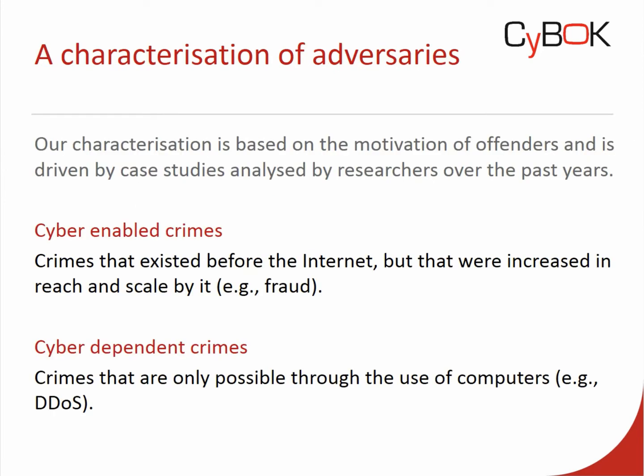So let's first start with the characterization of adversaries. In the knowledge area, we actually provide a characterization based on the motivation of offenders. And this characterization is driven by case studies. And as I said, these have been analyzed by researchers over the past years. So it's mostly covering academic research.